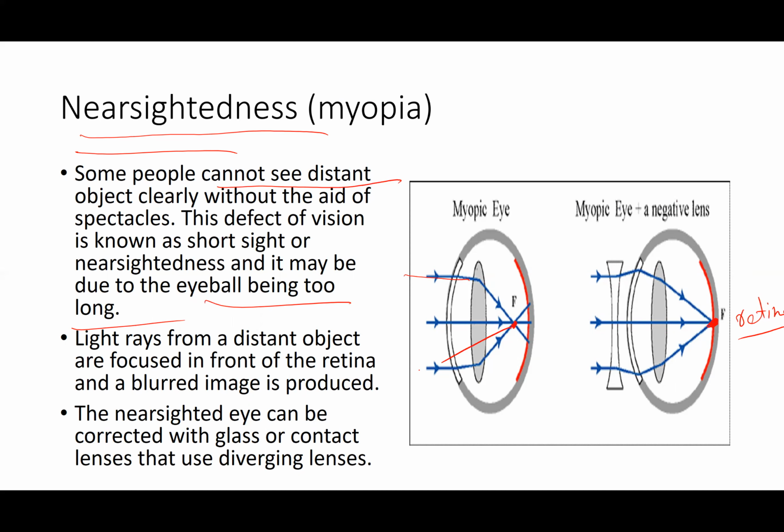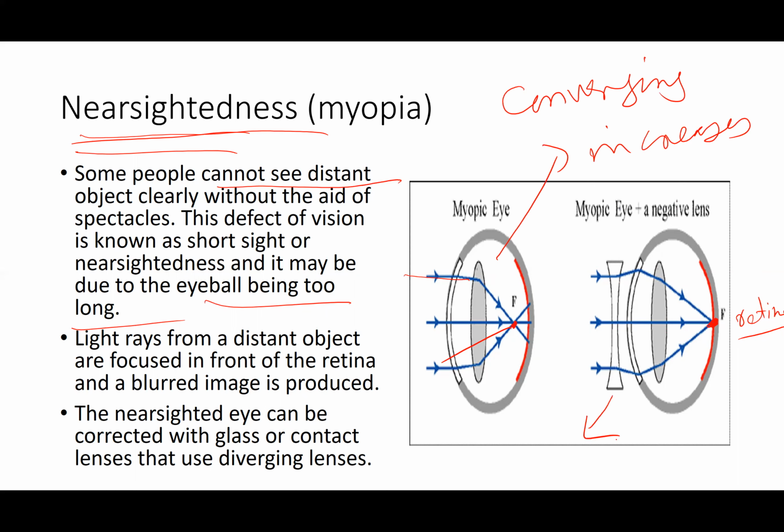So the converging power of the lens increases in short-sightedness, and a diverging lens is used.